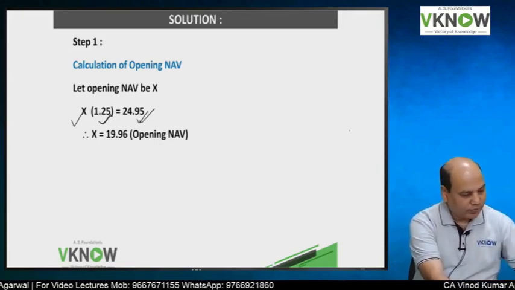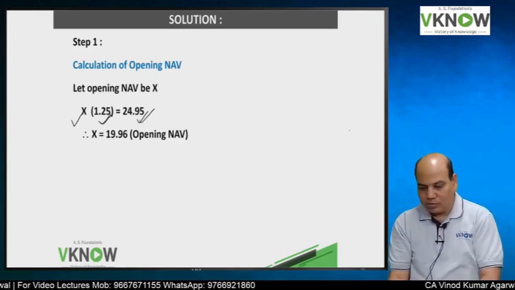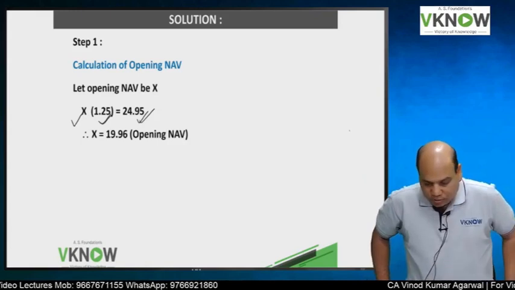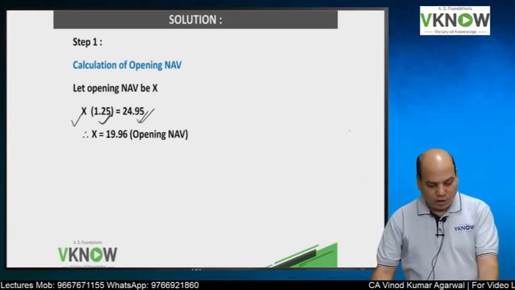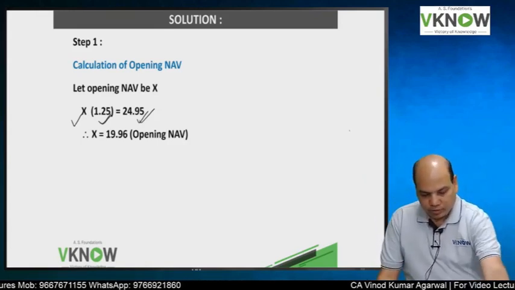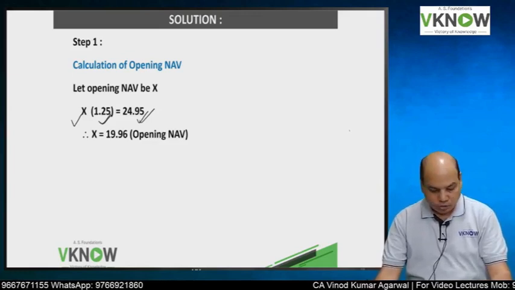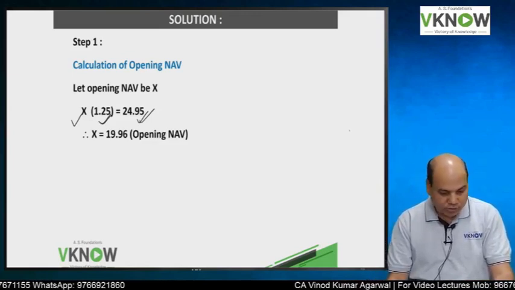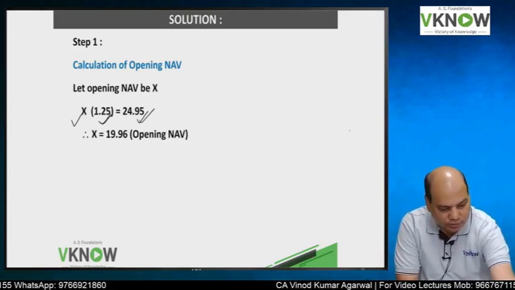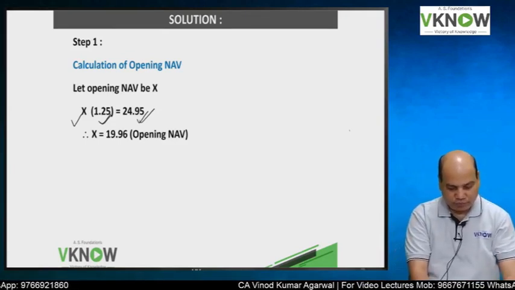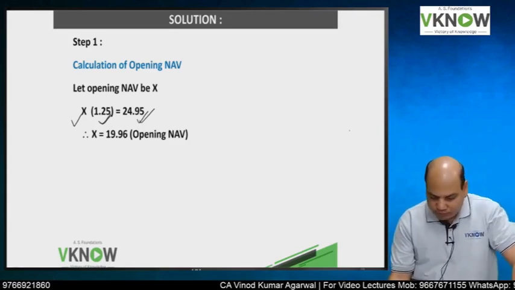Say yes. If you don't say yes or no, how will I understand? Therefore, opening NAV will be 19.96. This was not a question. This was a bonus mark.